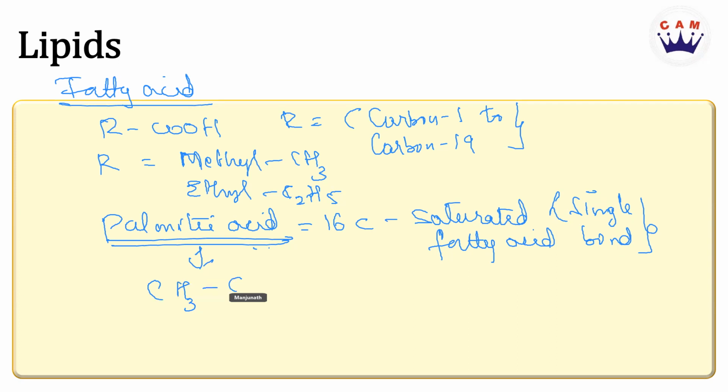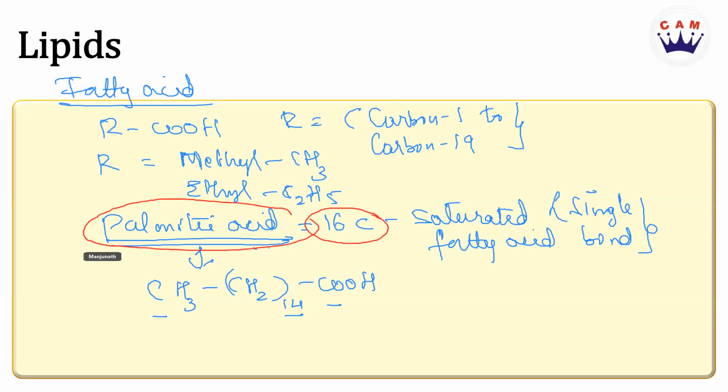CH3, CH2 14, COOH. So 14 plus 1, 15, 15 plus 1, 16. You find many such fatty acids from carbon 1 to carbon 16. One such example prescribed in your textbook is the 16 carbon fatty acid called palmitic acid.